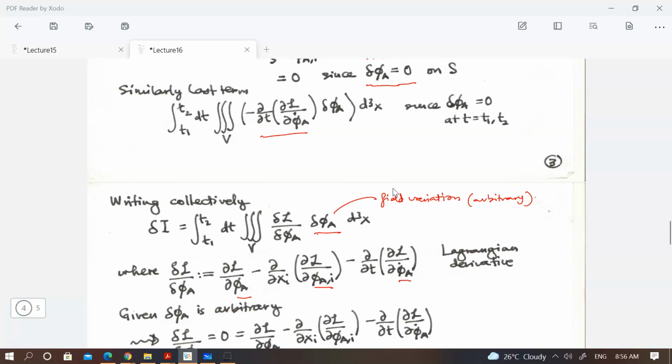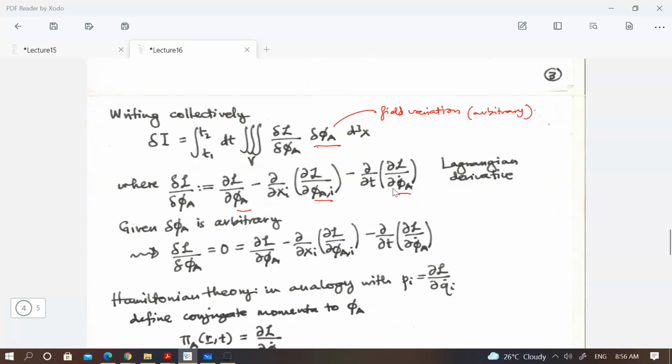So that multiplies the arbitrary variation, and in order for you to have delta I equals 0, we need this thing to be equal to 0, which is that one. It corresponds to the field variations here, and is just like your Euler-Lagrange equation, but now for fields.